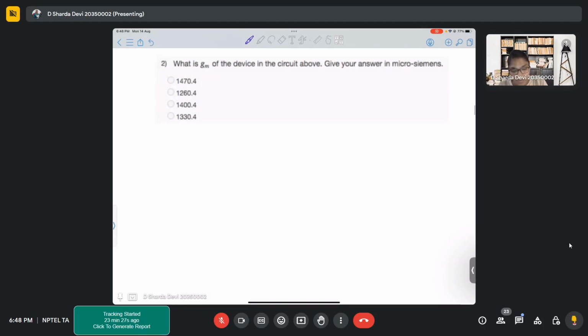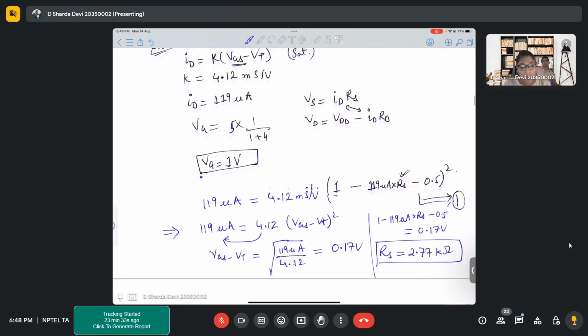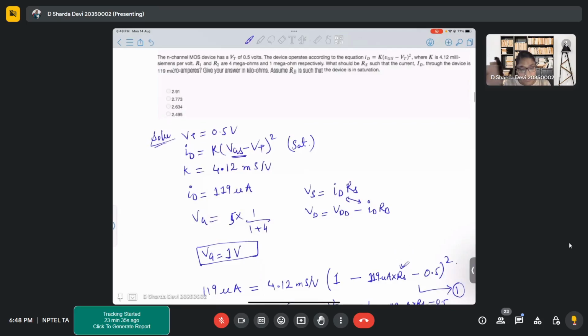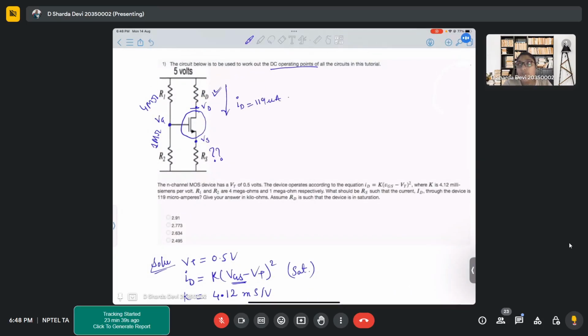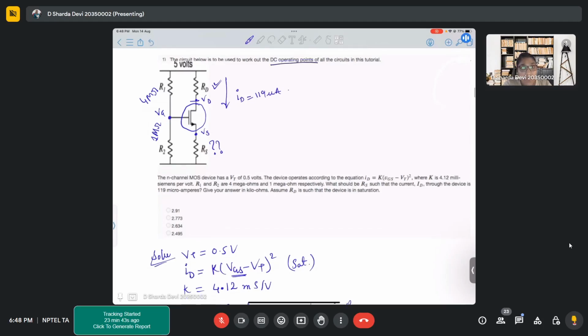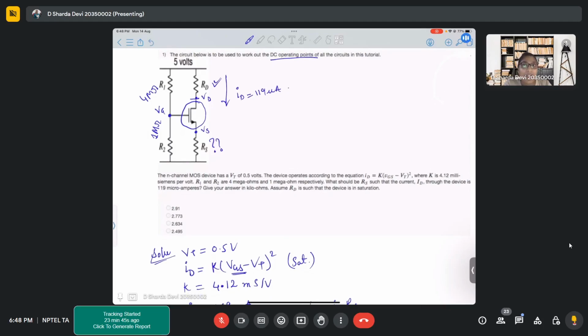Ma'am, I have a doubt. Yeah, please go ahead. Ma'am, when we have to use RD to find the answer, what value should we assume for it? That's a tricky part. If you want to solve for RD, then RD cannot be solved. You cannot take a random value and solve it because the value of RD will definitely affect your currents.